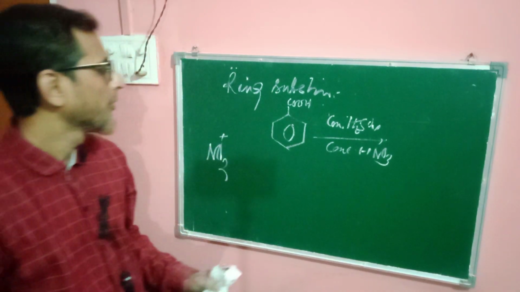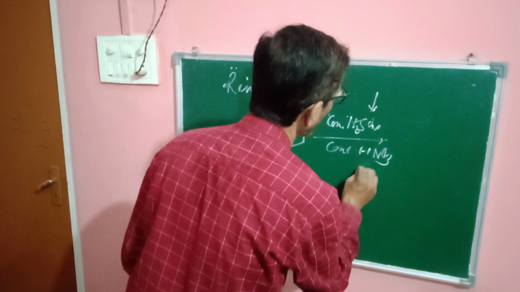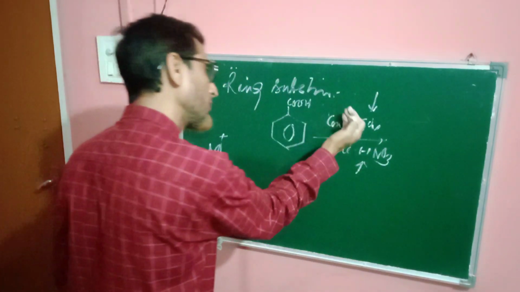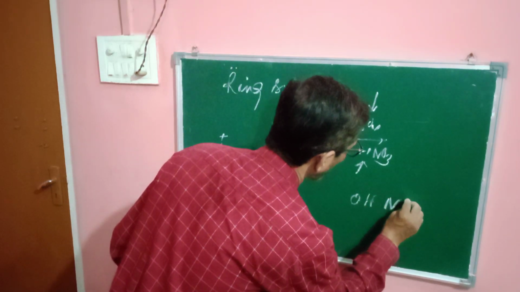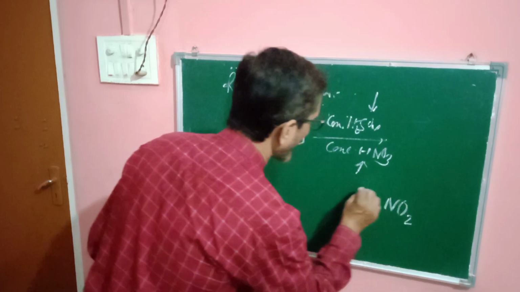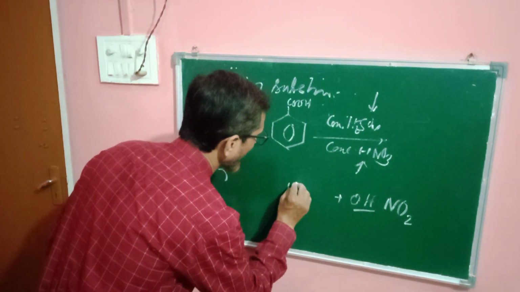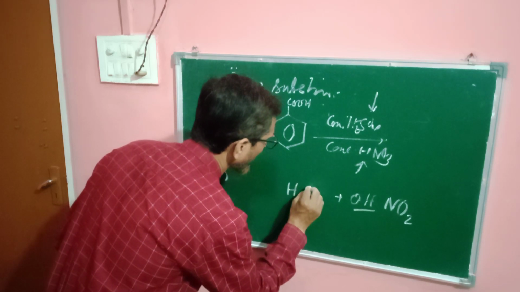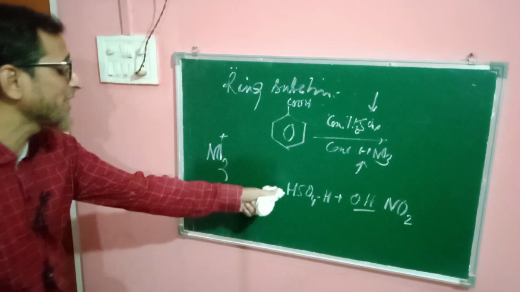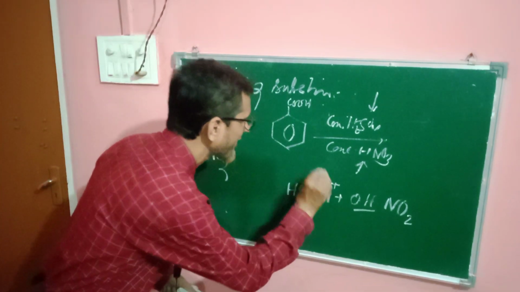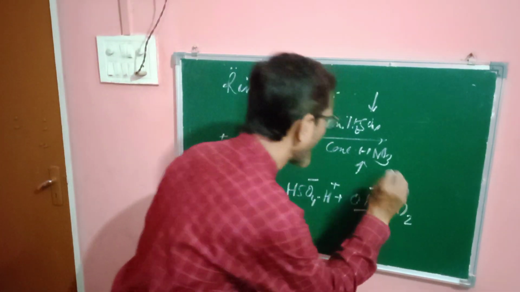If I tell you how, today's class will be very lengthy. I will explain it. Though both are acids, here sulfuric acid will be the acid and nitric acid will be the base. Sulfuric acid can be written like this, H2SO4, and nitric acid may be written like this.